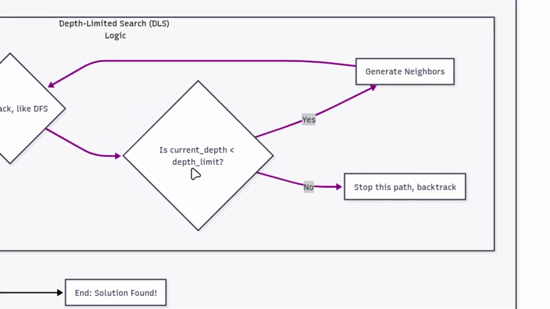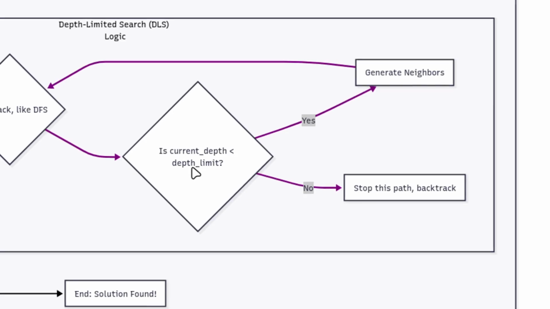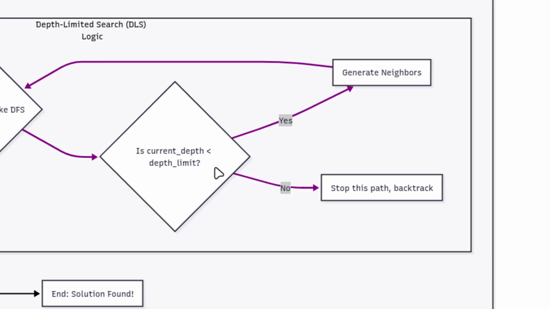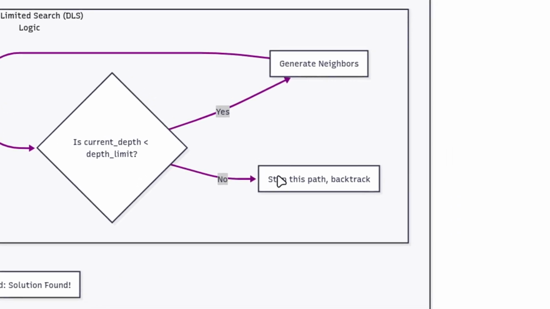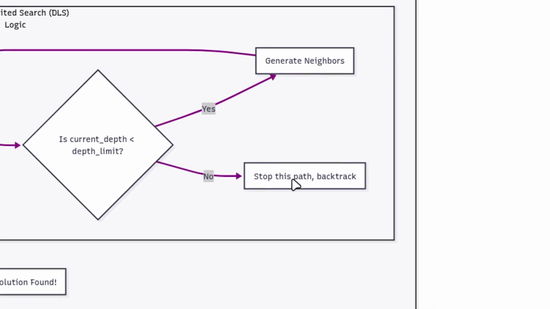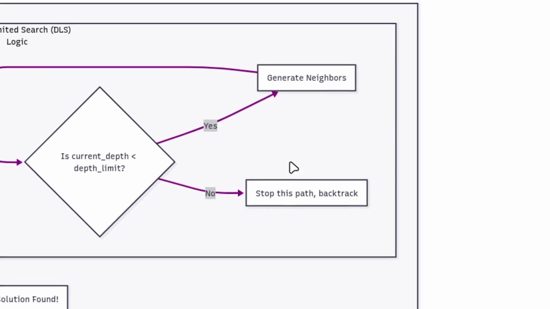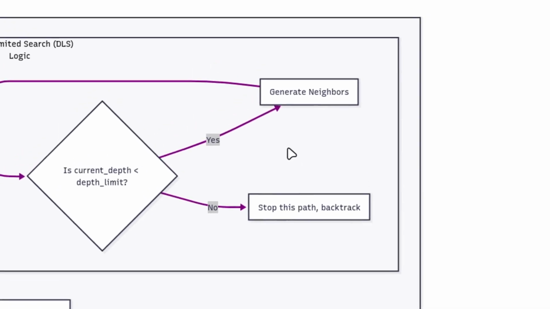Of course, for a first iteration, it should be. You could be using less than or equal to, and that depends upon how many DFS levels you want to run in one particular BFS level. Stop this path and backtrack if you are unable to find the solution.